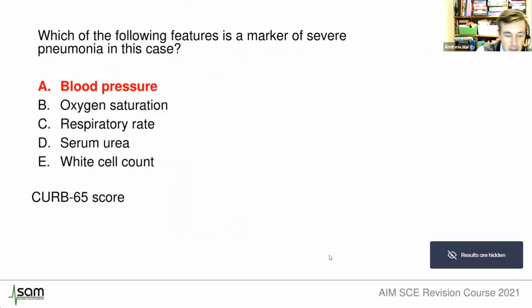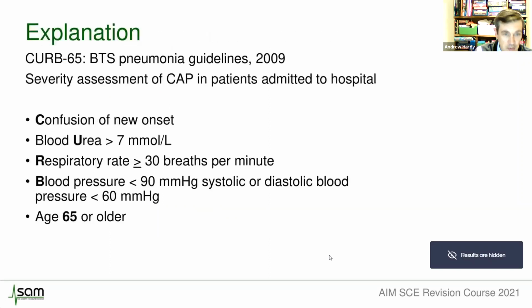So pneumonia is obviously a very common presentation on acute medicine units. The BTS guidance is actually quite old now. I don't think there's been much new come up in pneumonia in the last few years. The CURB score is the system we use to assess pneumonia severity. I think it's quite a reasonable question.